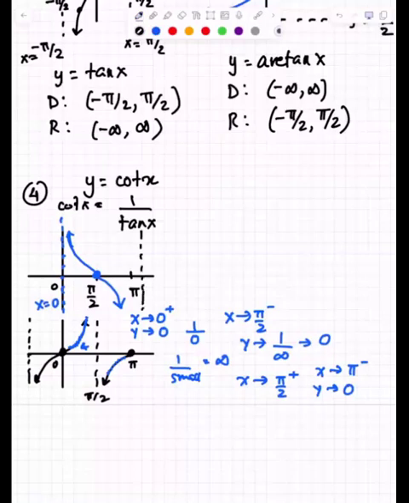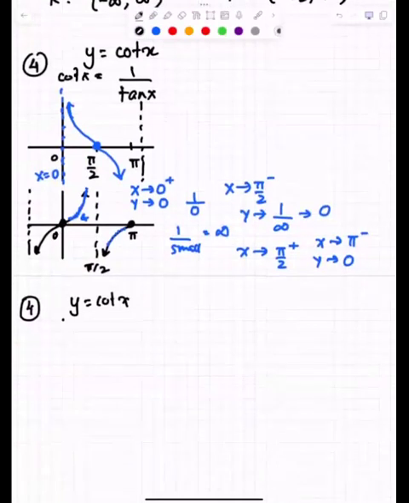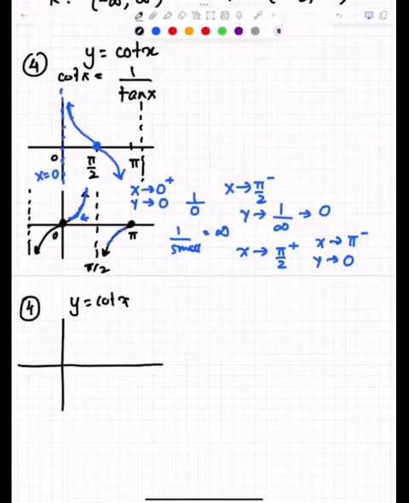So let me redraw it here so that we can have it. So y is equal to cotangent of x. I'm doing the restricted one period which we'll use, which is 1 to 1, so we can make the inverse. And we are going from 0 to pi.